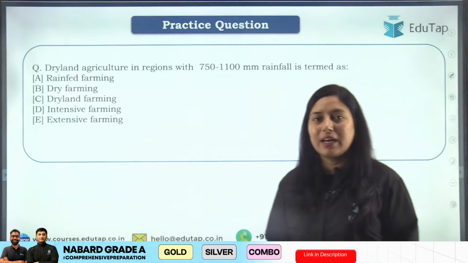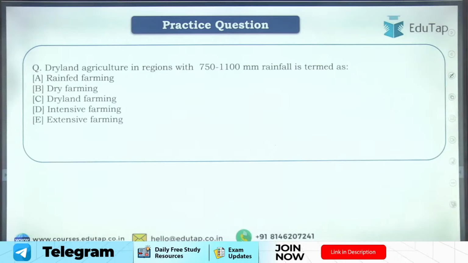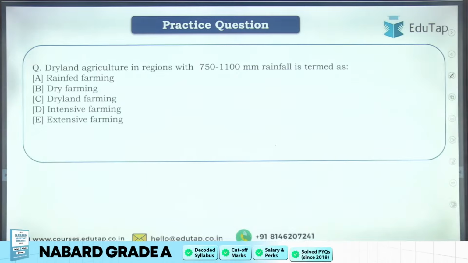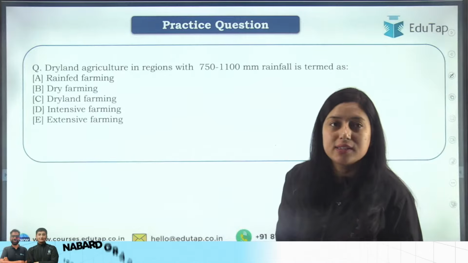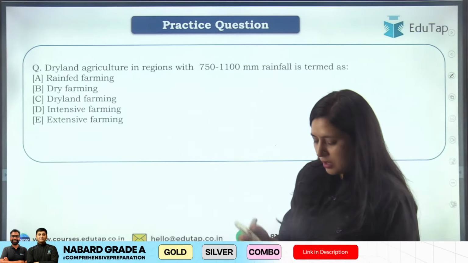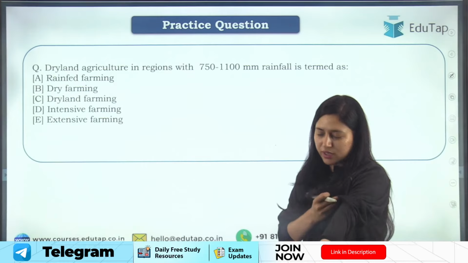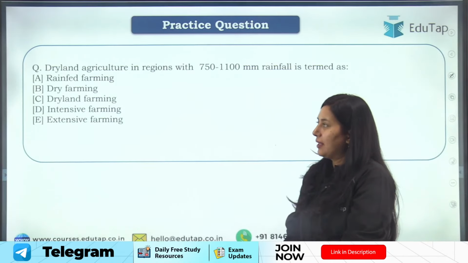Okay, now quickly give me the answer. I have already told you about this. Okay? I want everybody to answer this question. Okay, what will be the answer for this question? It will be dry, dryland or rainfed, because one of these three will be the answer, right? So now you can test yourself on how much you understood in the previous slide.